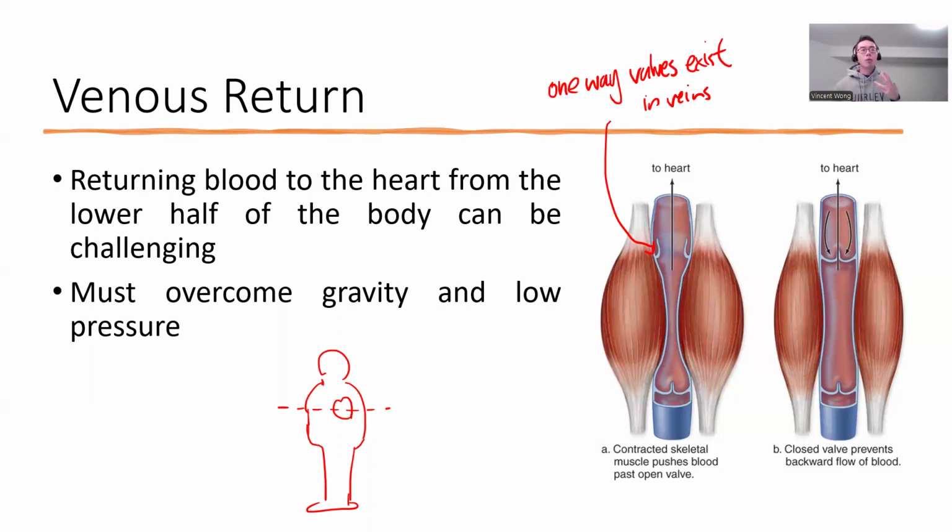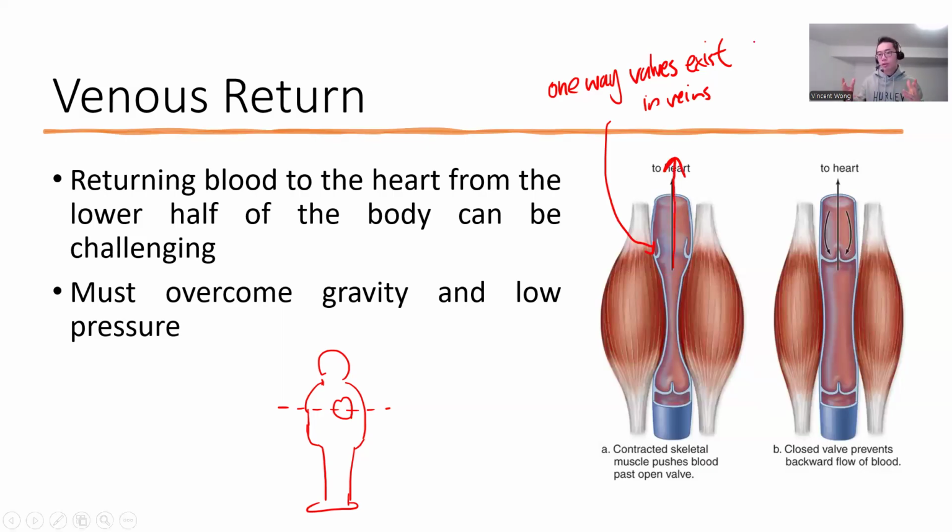So every time we walk around, every time we move our muscle, the contraction of the muscle helps squeeze the veins. Okay, the contraction of the muscle helps squeeze the veins, and that boosts the pressure up a little bit, and it helps squirt the blood upwards, basically. Okay, so the blood's going to go up towards the heart.